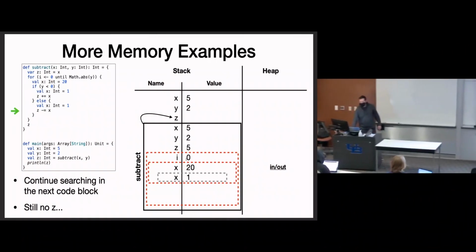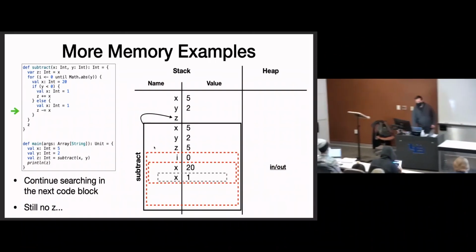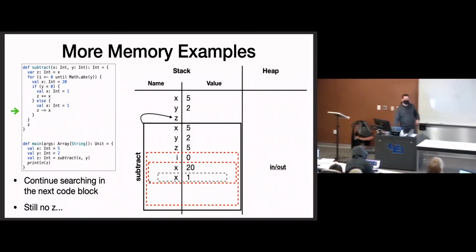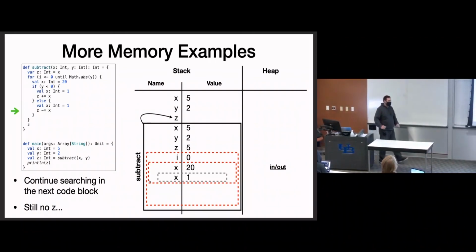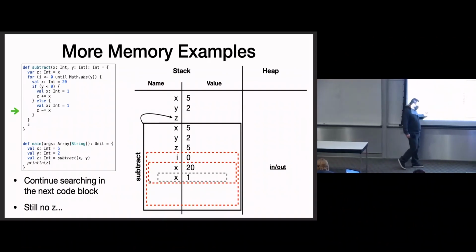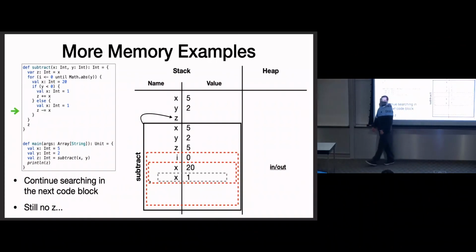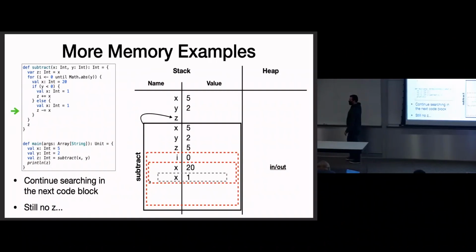Inside one iteration of the loop, you can't reuse the looping variable. So that's the same scope, even though we're drawing it each iteration of the loop separately. So we look in the loop code block, still no z. All right, let's expand our search.